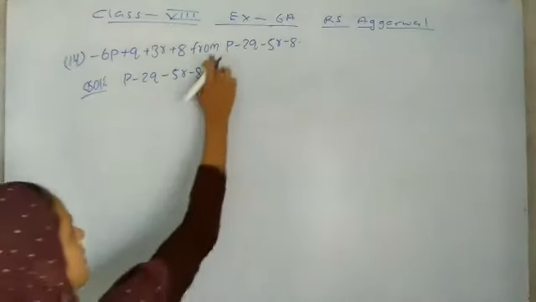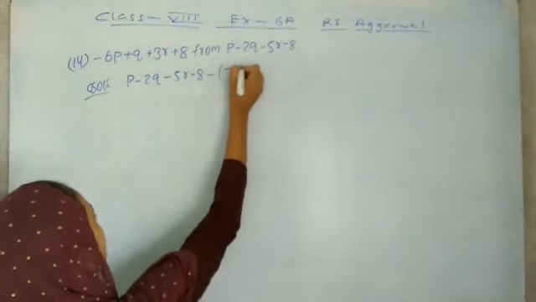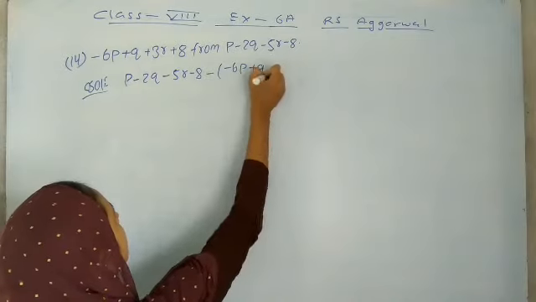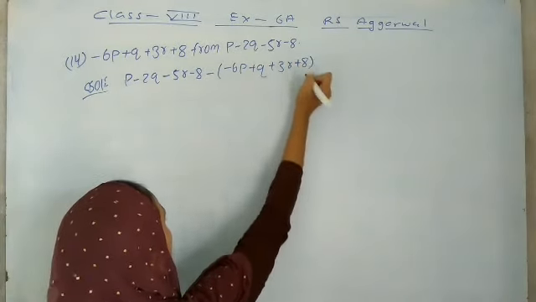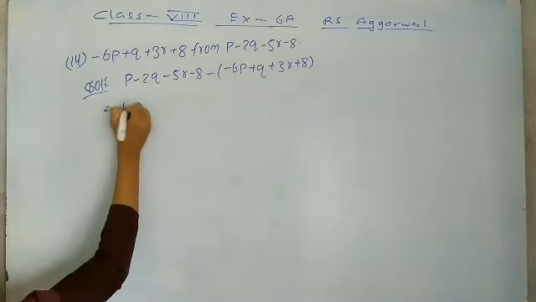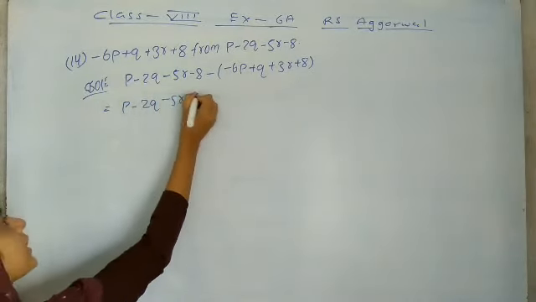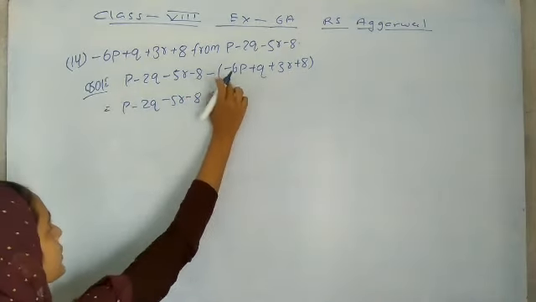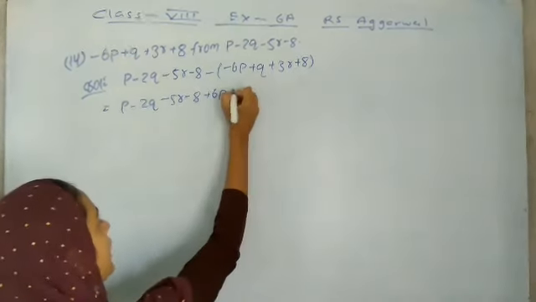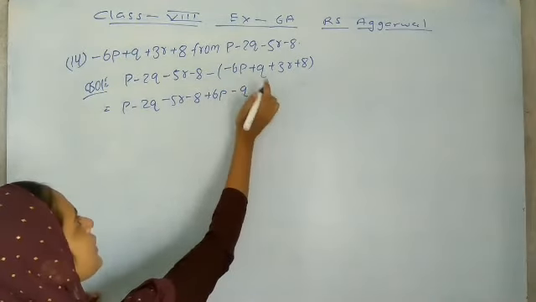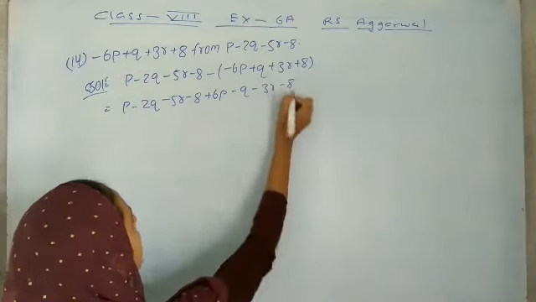We know that from means minus and here we will give bracket minus 6p plus q plus 3r plus 8. Now let's solve them. Here is p minus 2q minus 5r minus 8. And here we know that minus minus plus 6p now. And here minus plus minus q. And here minus plus minus 3r. Here minus plus minus 8.